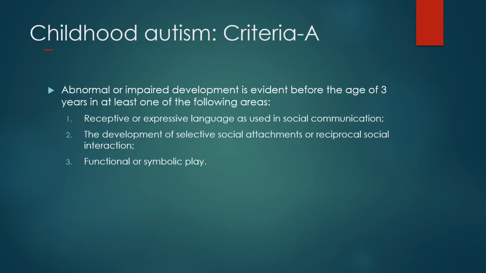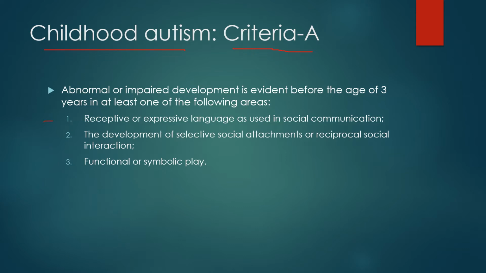First, we are going to talk about childhood autism, and there's ICD-10 criteria. Childhood autism is defined as abnormal or impaired development and is evident before the age of 3 years in at least one of the following areas.